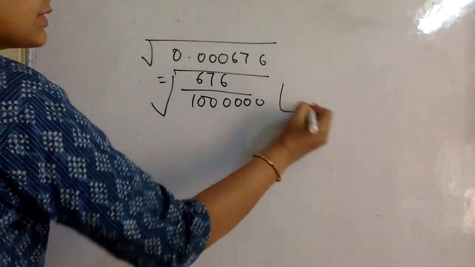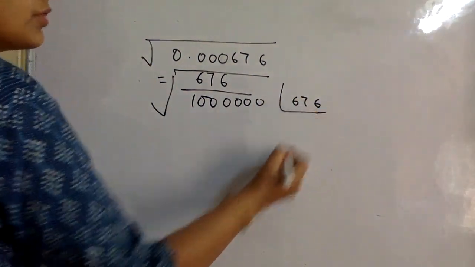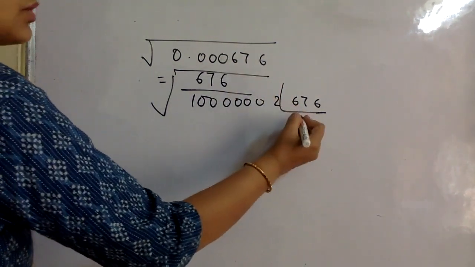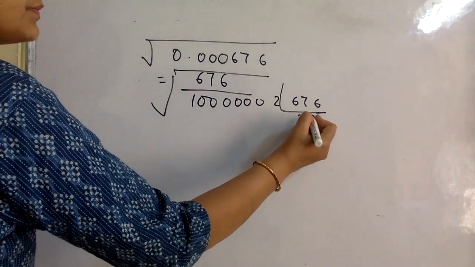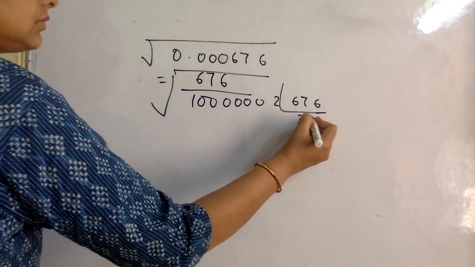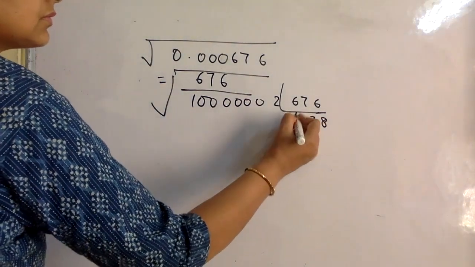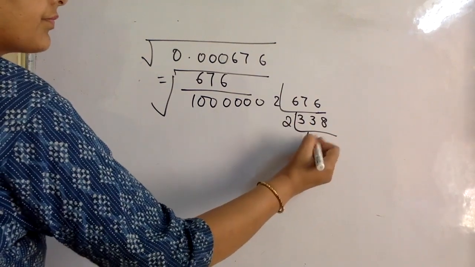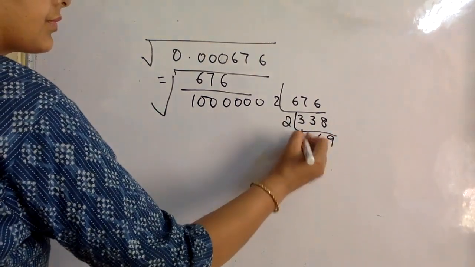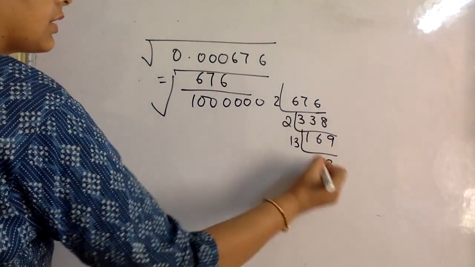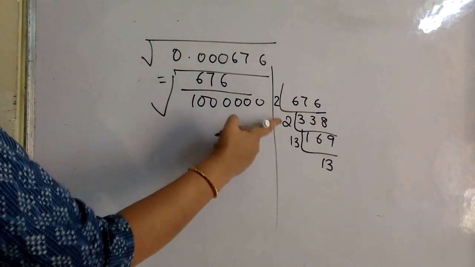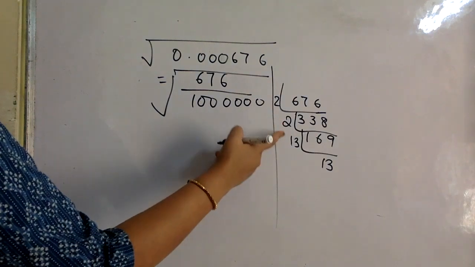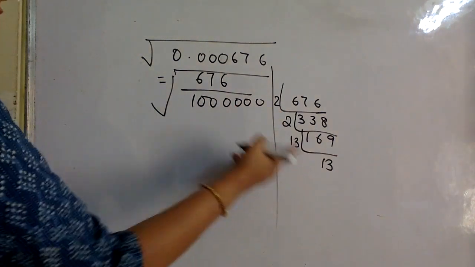676 will have to again go for a prime factorization method. 2, 2, then 13 and 13. So clearly I can see that the square root of this is 2 into 13, because one 2 from here and one 13 from here.